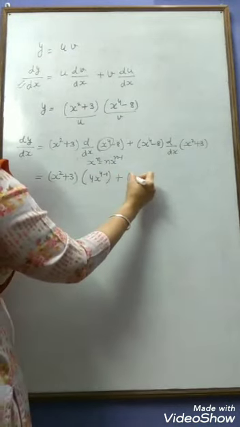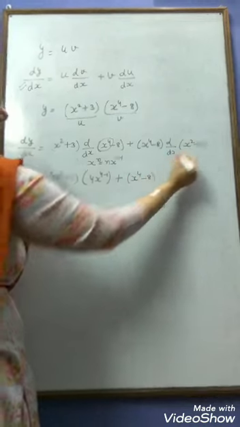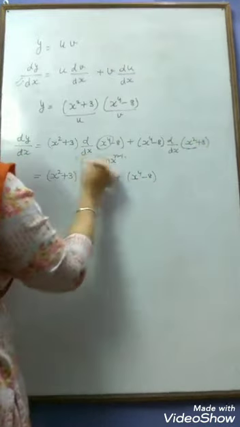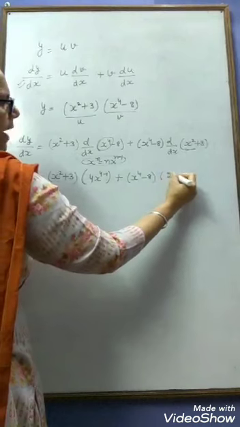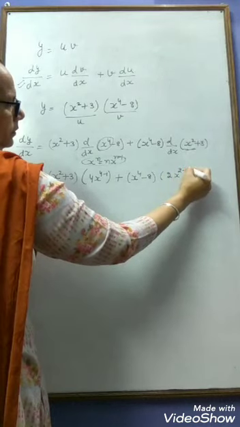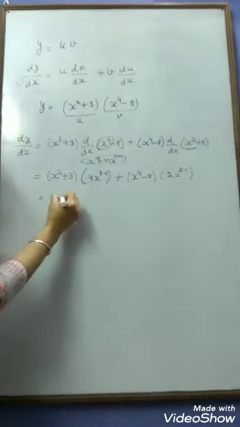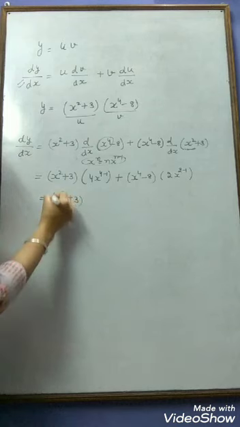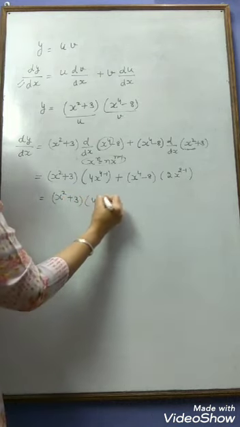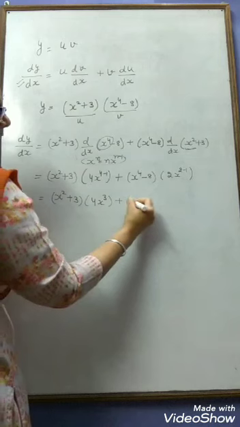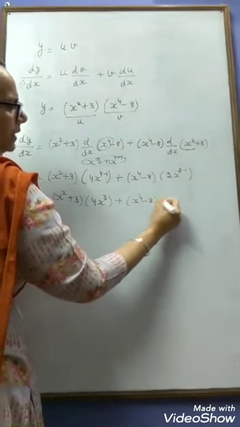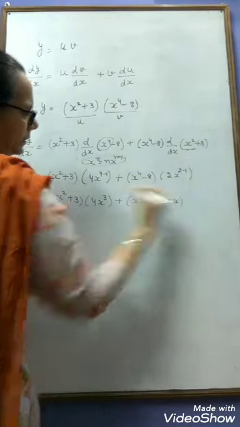Plus (x⁴-8) times, again with the same xⁿ formula, 2x^(2-1). So (x²+3)·4x³ + (x⁴-8)·2x.